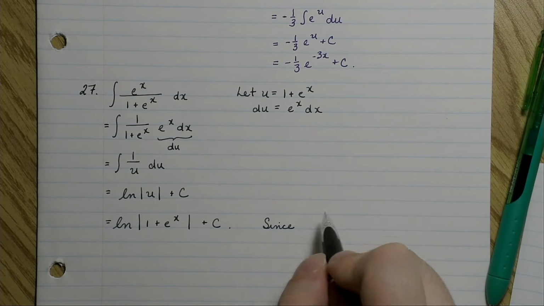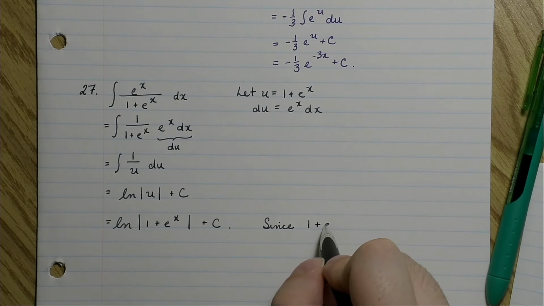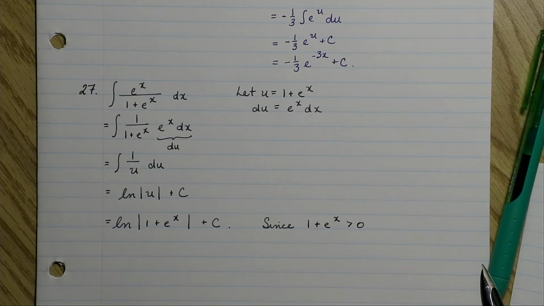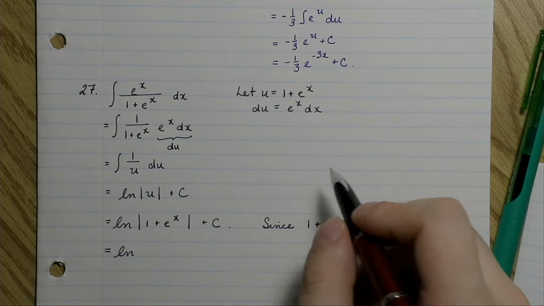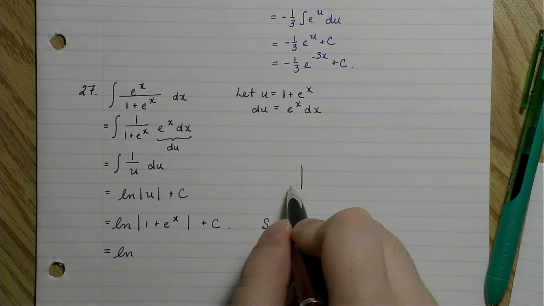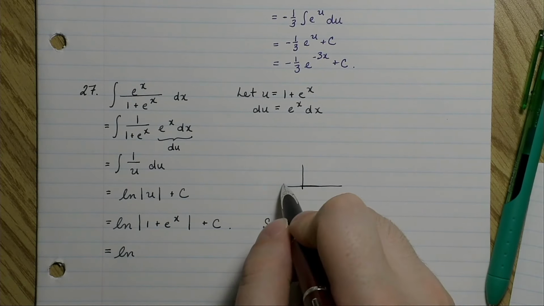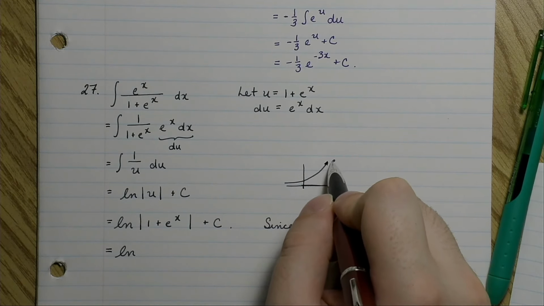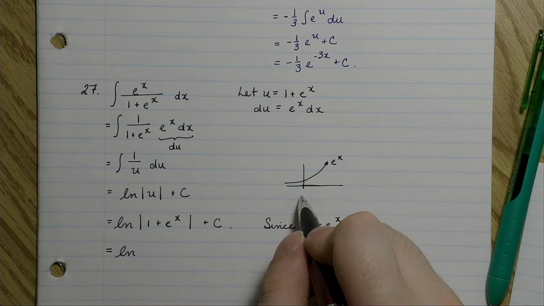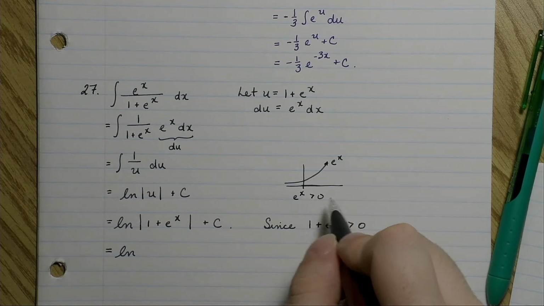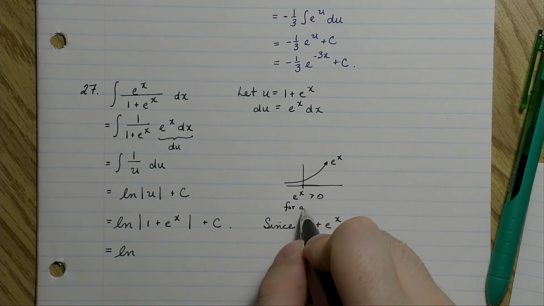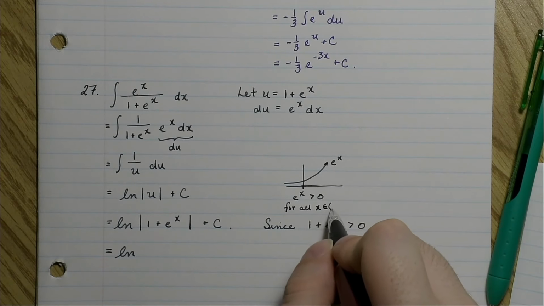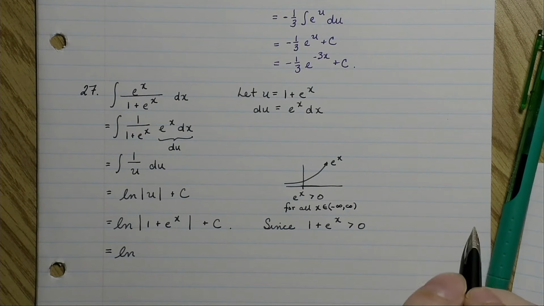They said, we know that, well, first of all, the function e to the x is always greater than 0 over the entire real number line.